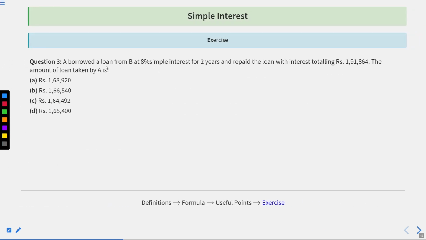Question number 3. A borrowed a loan from B at 8% simple interest for 2 years and repaid the loan with interest totaling rupees 1,91,864. So the amount of loan taken by him was.